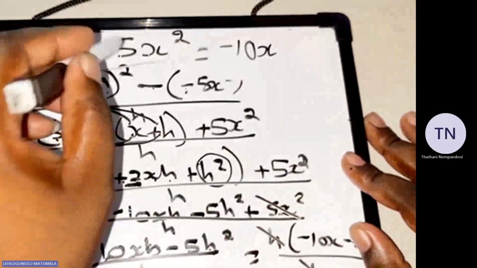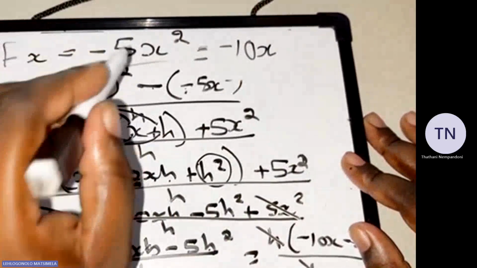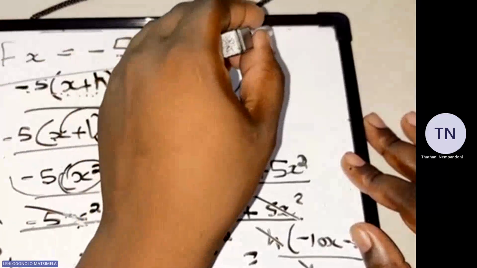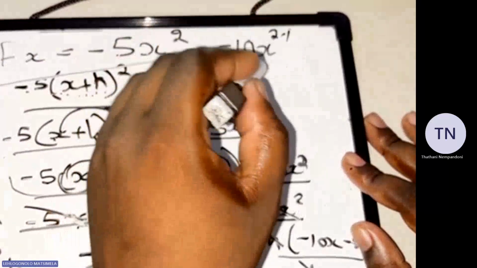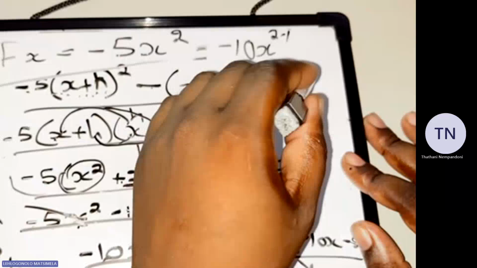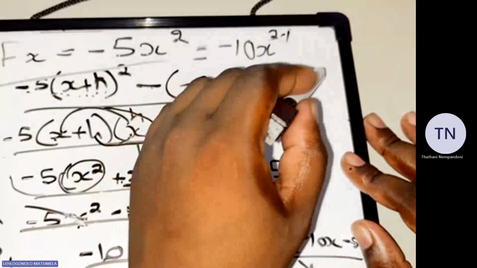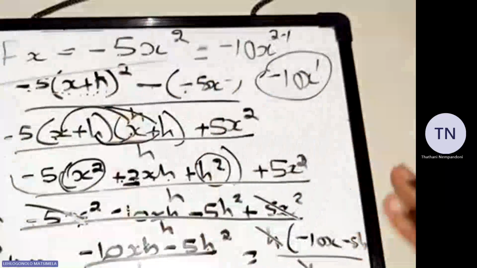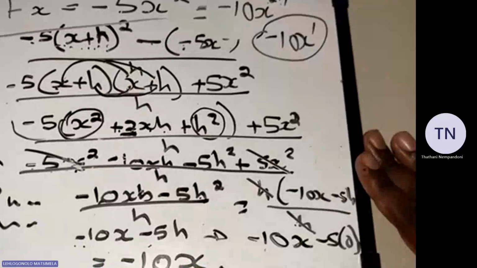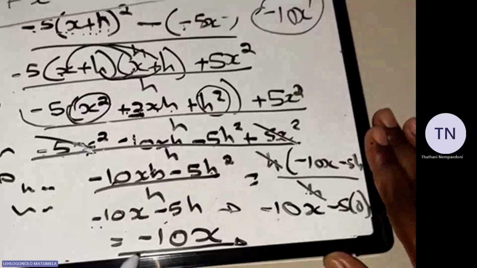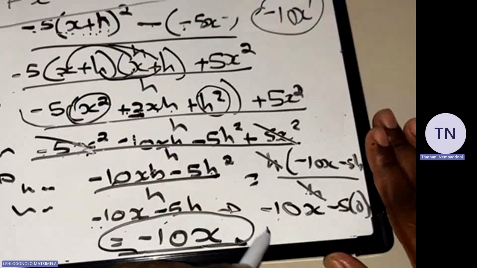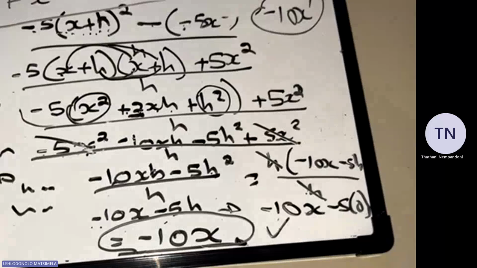Remember, we are doing this so that we can know that the answer we found at the end is correct. And then exponent minus 1, which is like saying minus 10 multiplied by x, then 2 minus 1, which is 1. Then you can see now these answers are the same, and your derivative is now correct, and you have simplified with the first principle.